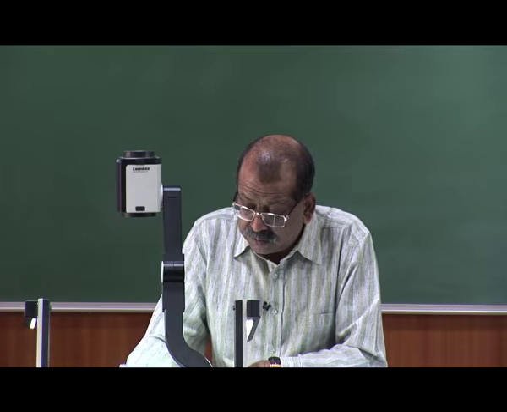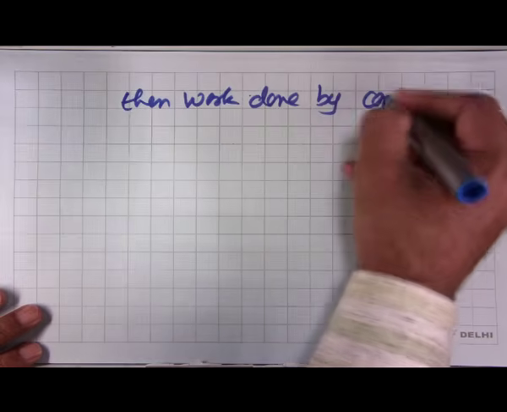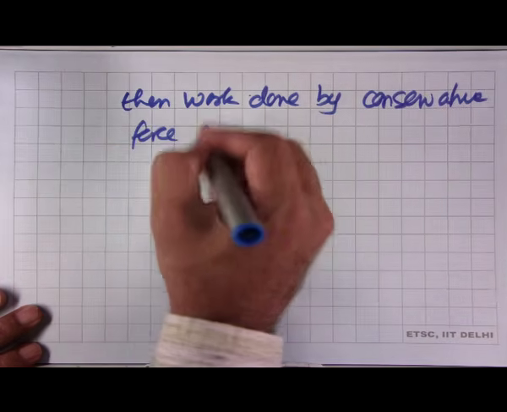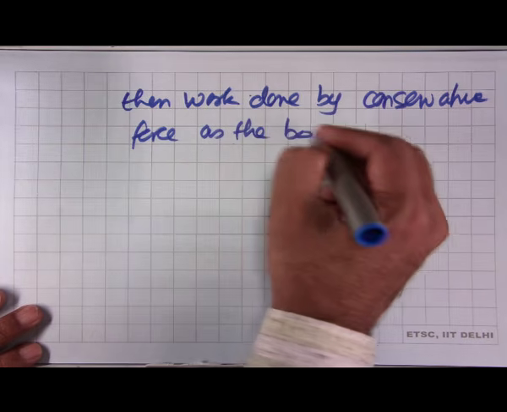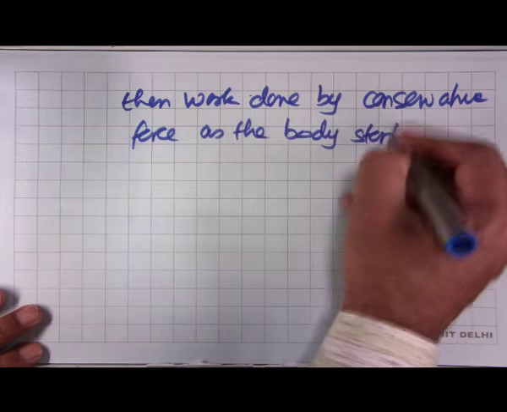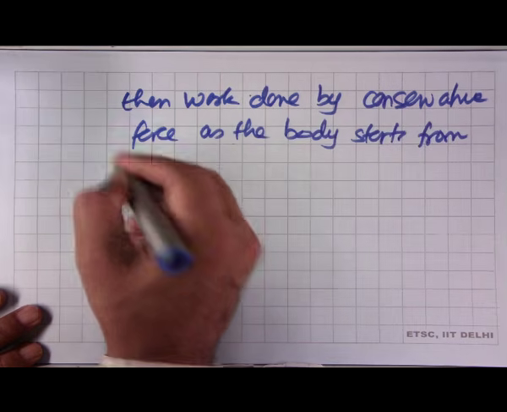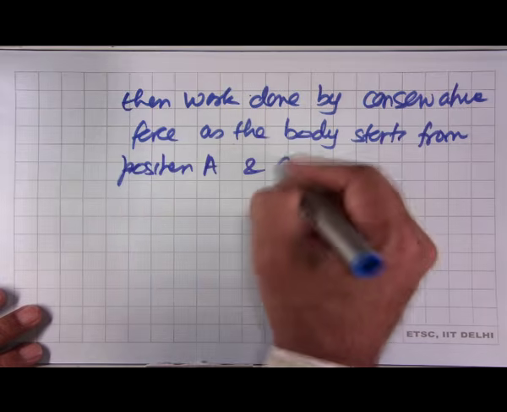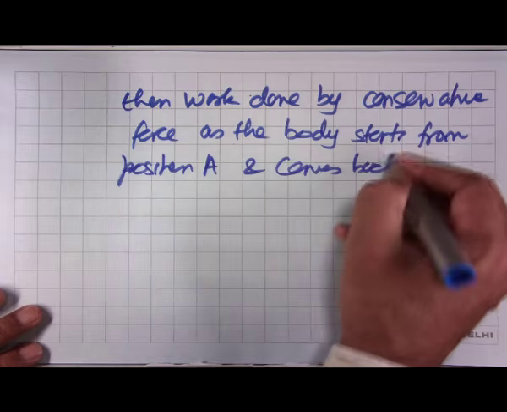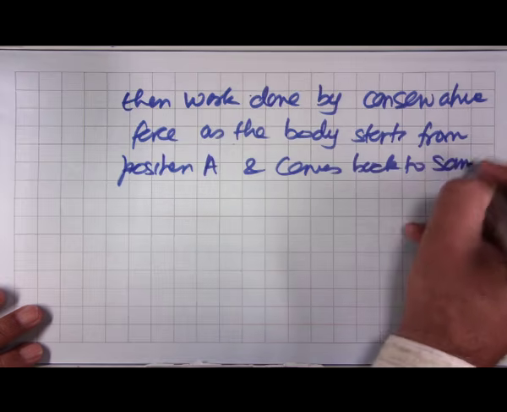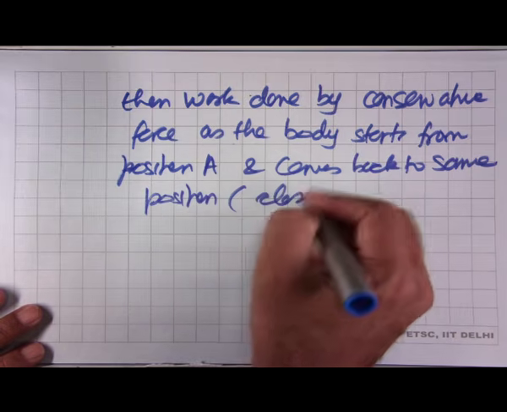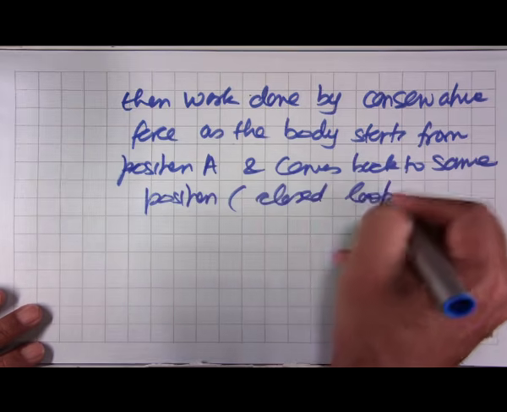The work done by the conservative force as the body starts from position A and comes back to the same position means it has followed a closed loop.